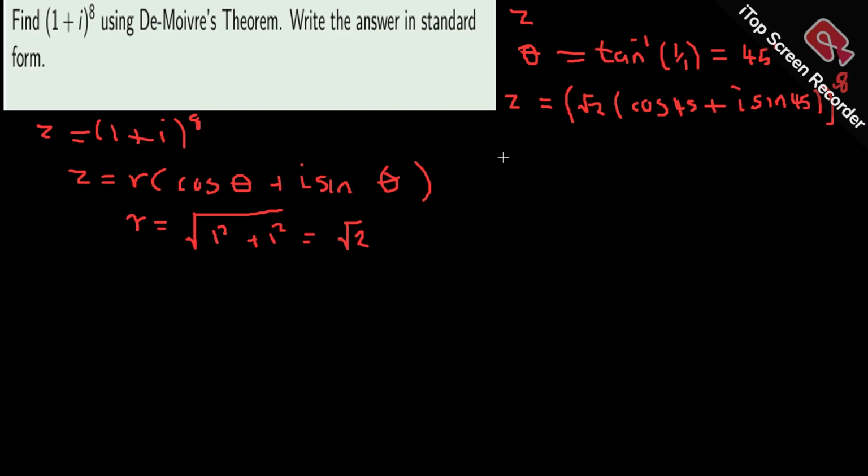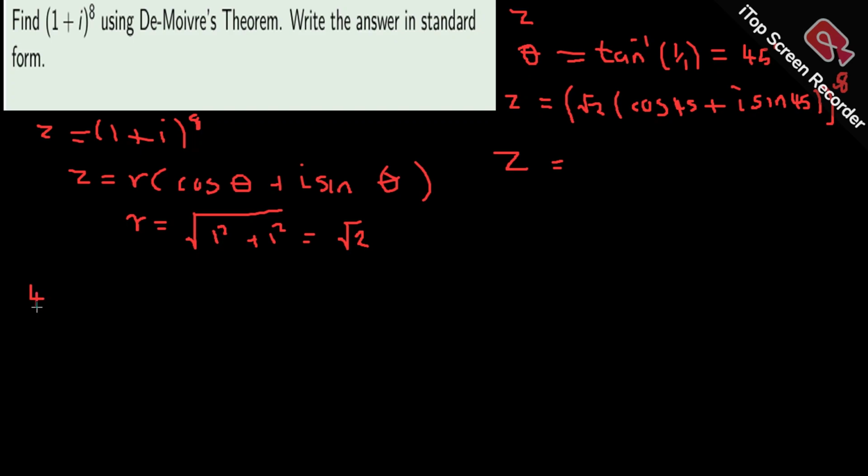Okay, so what we do most of the time, when you know the power that you've been given, it is very quick to work with it when the angle is in radians, so you change the angle from degrees to radians. So I'm going to do that. Let's change 45 to radians.